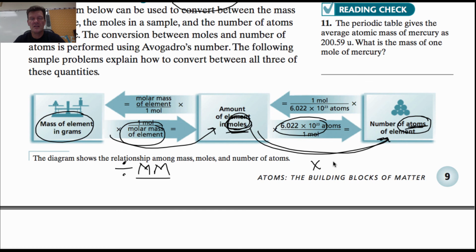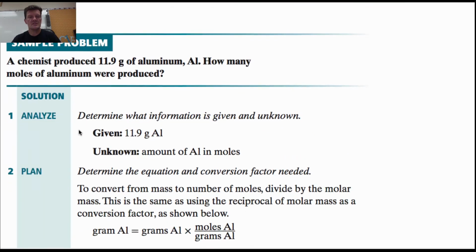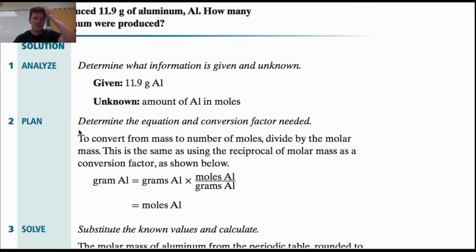Multiply by what? 6.022 times 10 to the 23rd. Going back the other direction, if you know the number of particles, atoms, whatever, then you would divide by 6.022 times 10 to the 23rd. Okay? And likewise, if you know the number of moles, then you would multiply by the molar mass to get the mass. Let me show you a few calculations. Let me show you exactly what we're talking about here.